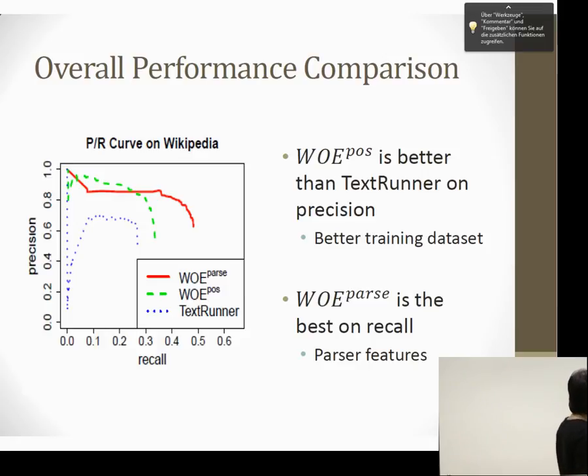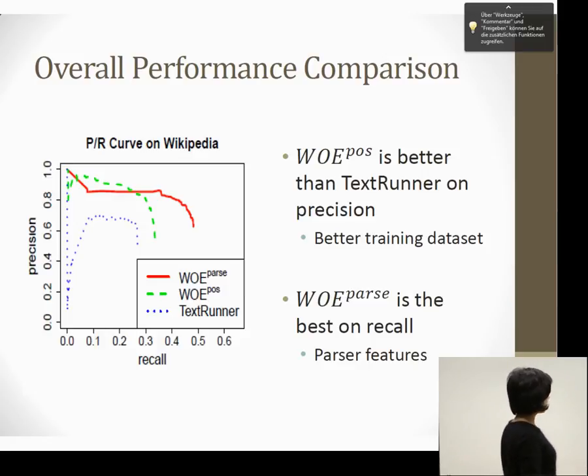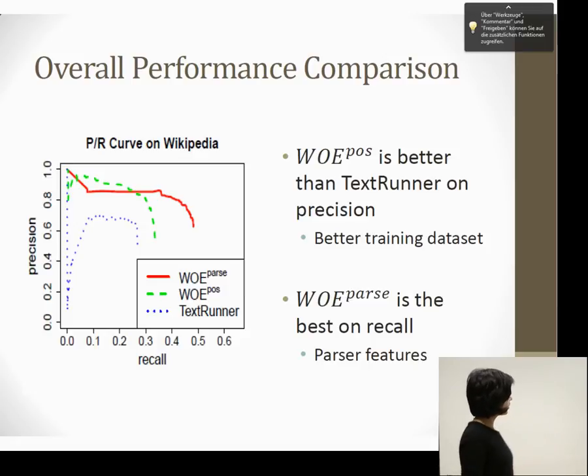But WOE parse is better on recall because it uses parser features, and parser features can capture abstract relations in long sentences. That's why it's better on recall.